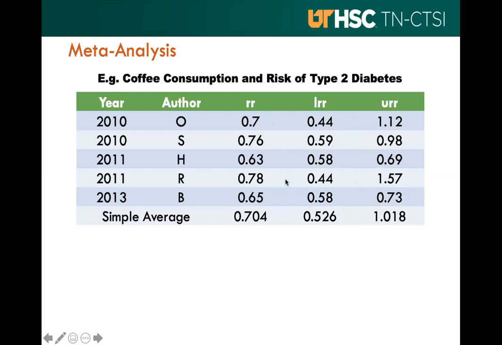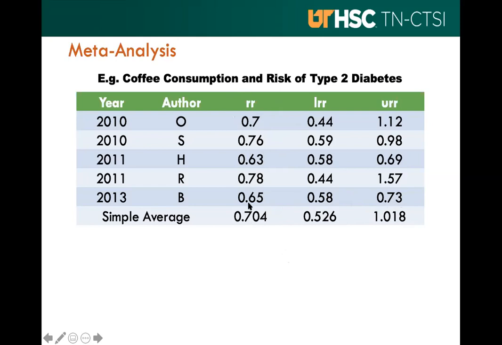So if we do a simple average, we are giving the same weight to each and every study. The studies with a very narrow confidence interval, which means the study has a larger sample size or is highly powered, get the same kind of weight when we rely on just the average.